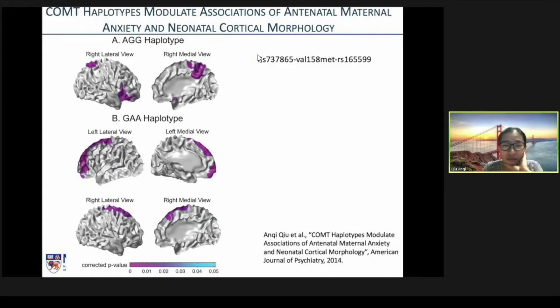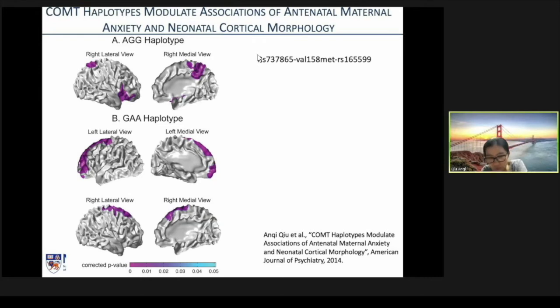This approach allows us to reduce the number of statistical analyses we need to do in order to examine the entire COMT gene, but in the meantime, it increases statistical power. For instance, using the same data, this haplotype modulates the association of antenatal maternal anxiety with the cortical thickness of inferior frontal cortex we saw before, and superior parietal cortex, as well as superior frontal cortex.